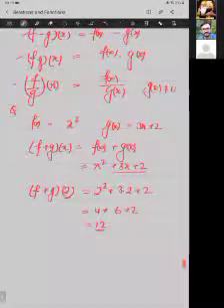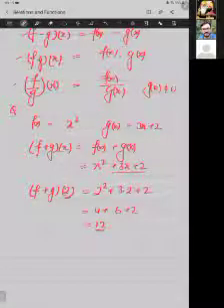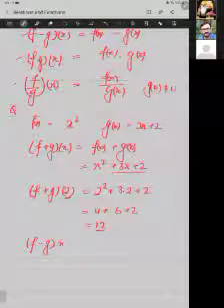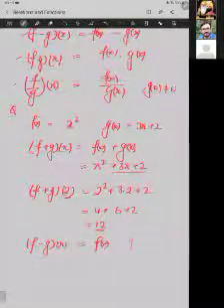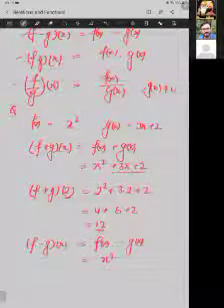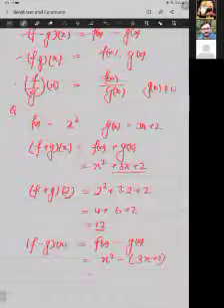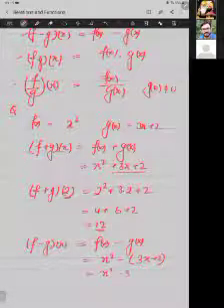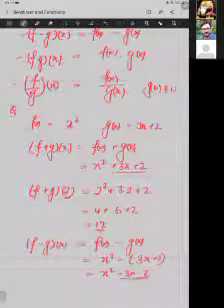Now next is f minus g x, which will be fx minus gx. fx means x square, gx means 3x plus 2. So it will be x square minus 3x minus 2.